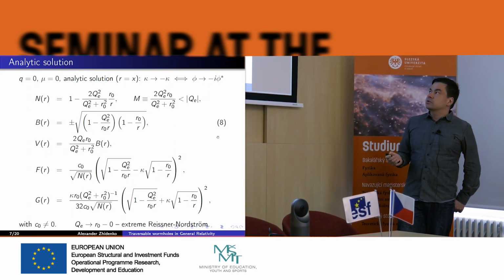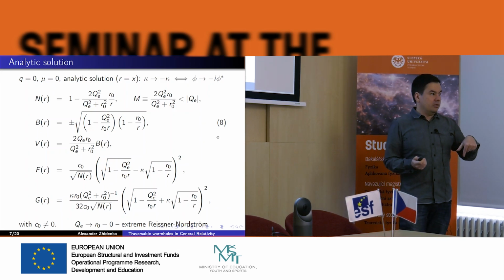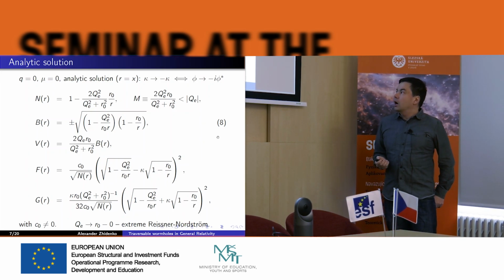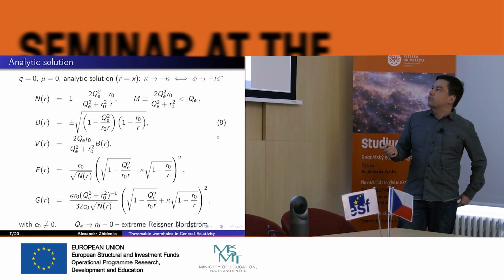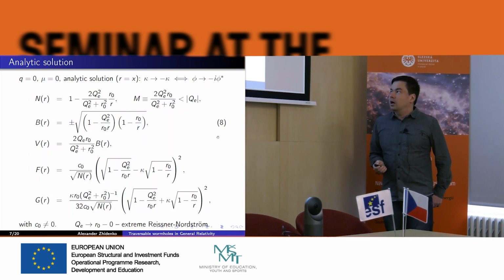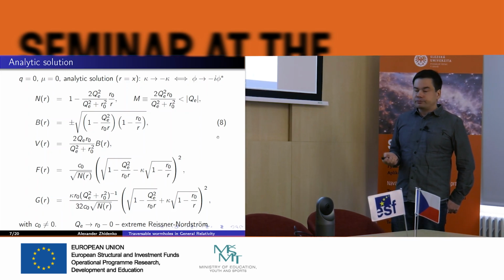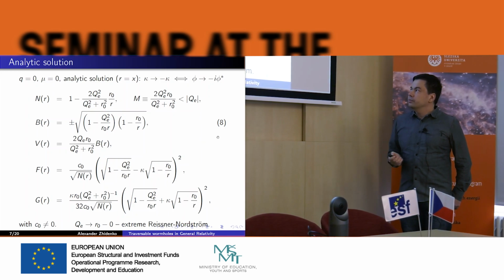Well, actually, this is only half of our wormhole because we need another half. And here we see a problem that we can match at point r equal r0 two sides for the metric function and for the electric field.